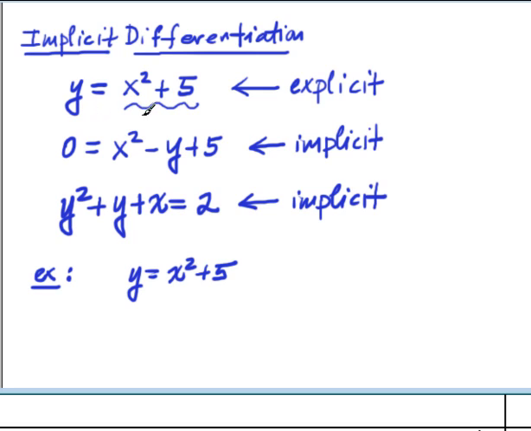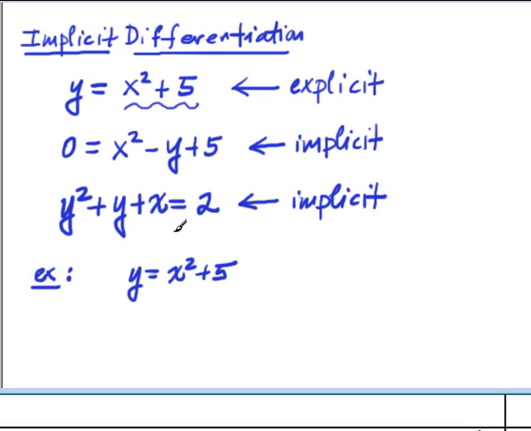Just subtract y from both sides, and this function is no longer solved for y, so this is considered implicit. Now here we have another function that's also implicit. It's not solved for y, and this function can't be easily solved for y because we have y squared plus y plus x equal to 2. We can't easily solve this for y.